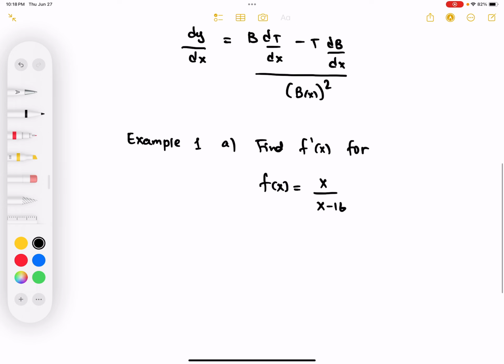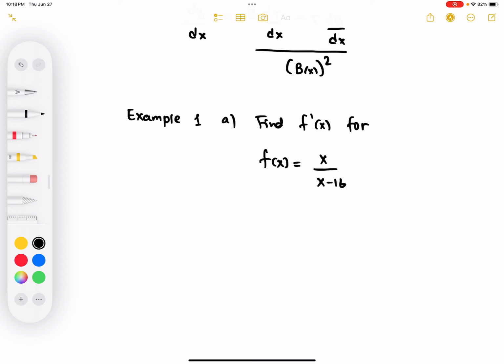Now you are asked to find the derivative of this. The first thing you need to identify is that the top function is x, the bottom function is x minus 16, and the derivative of the top is just 1. The derivative of the bottom is also 1.